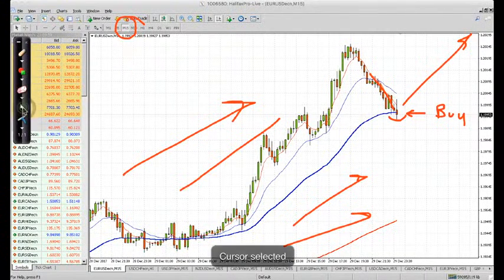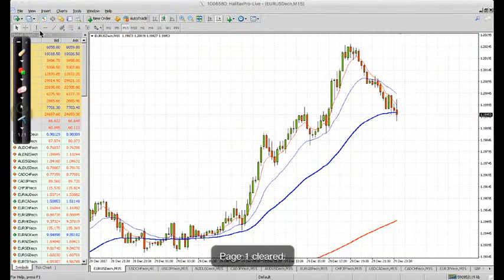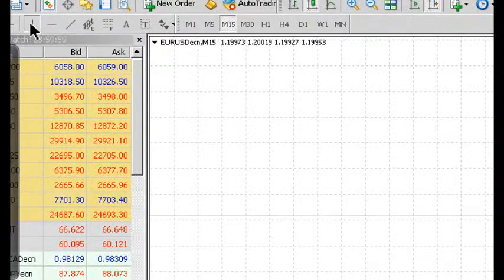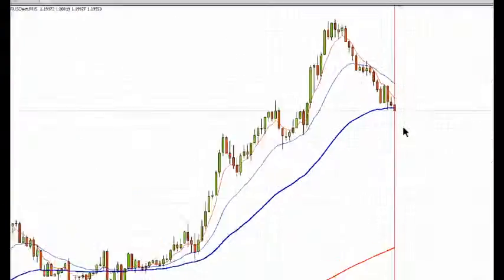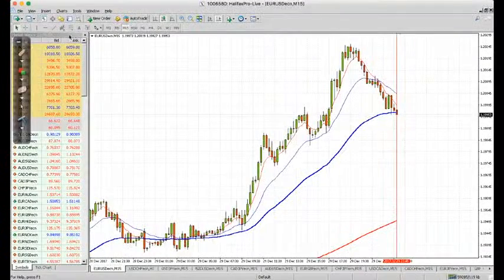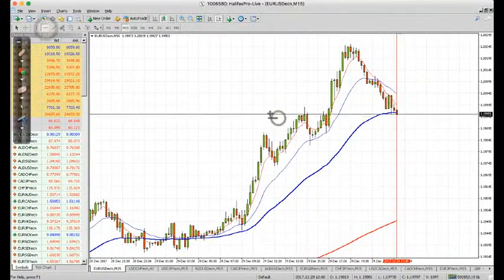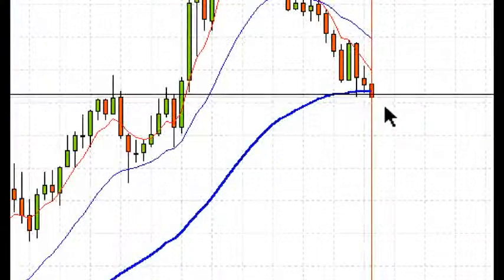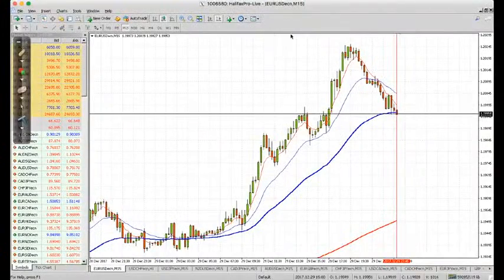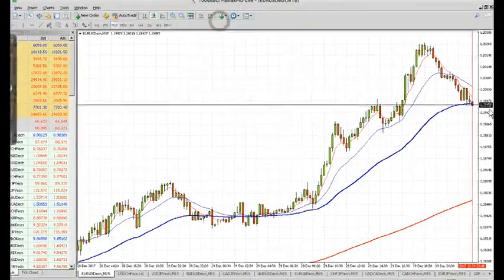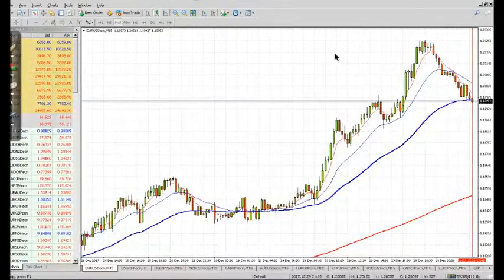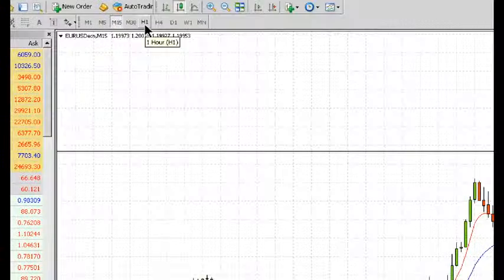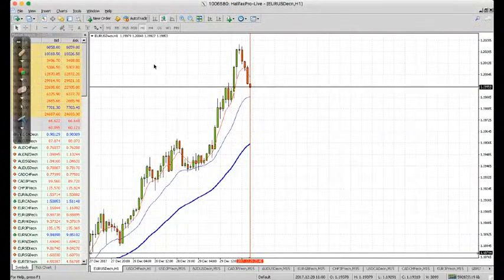So again, I click on this vertical line. I place it right at my intended entry point. I can draw another black line here and say, okay, I intend to buy at 1995, okay? So I then go to my hourly time frame and I check.